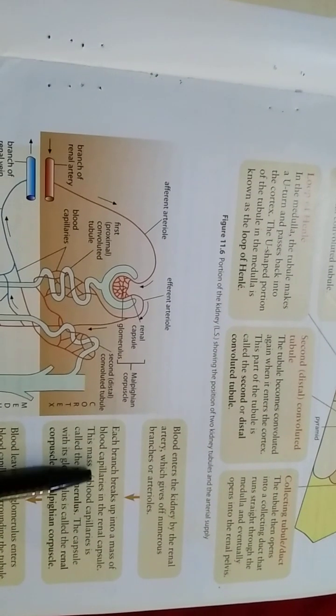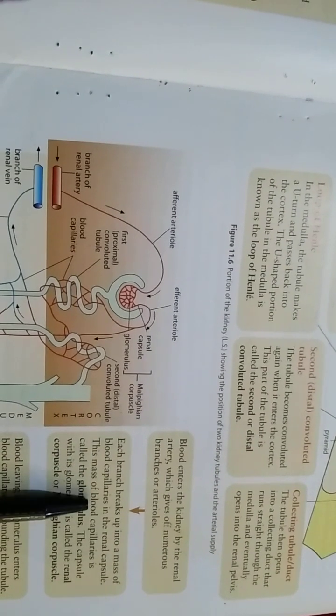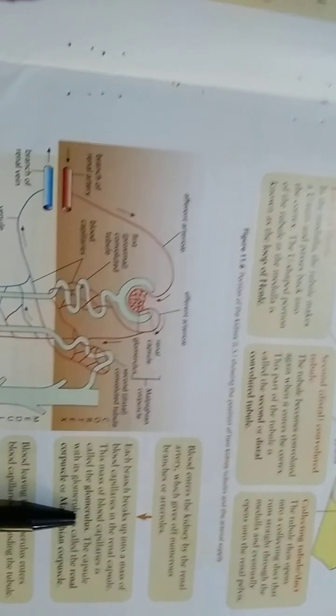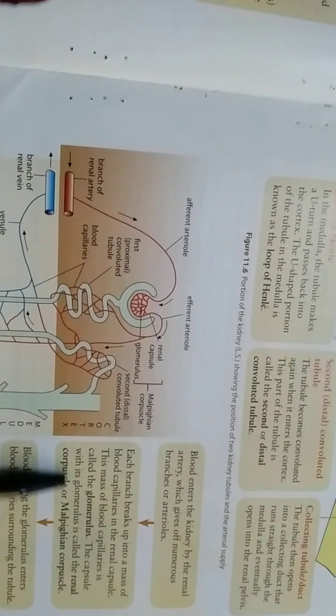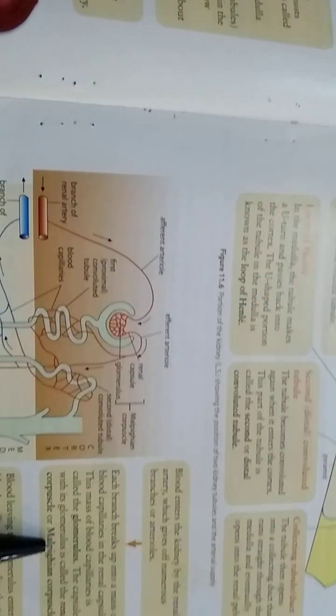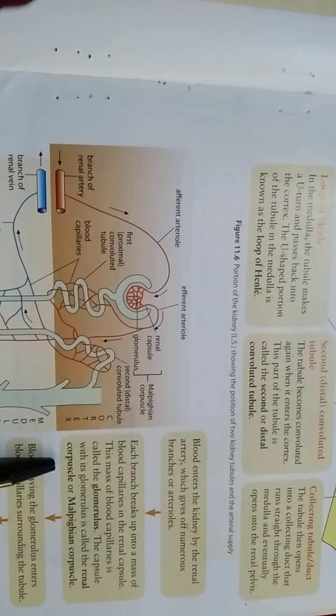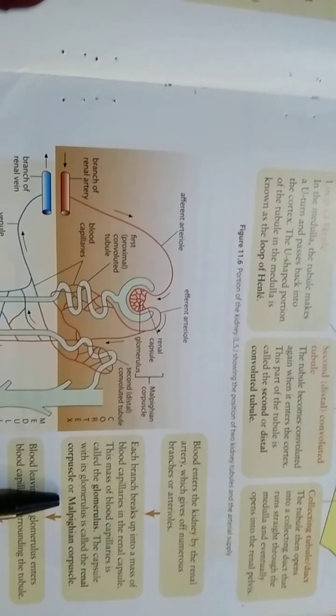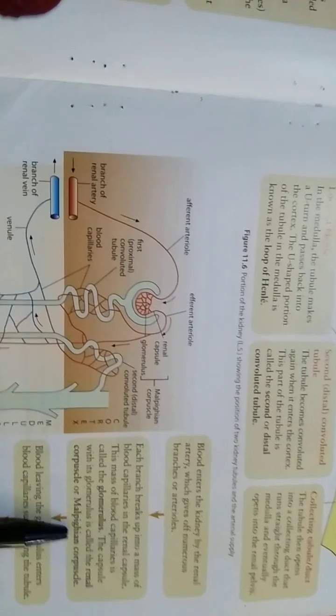Each branch breaks up into a mass of blood capillaries in the renal capsule. This mass of blood capillaries is called the glomerulus. The capsule with its glomerulus is called the renal corpuscle, or Malpighian capsule.